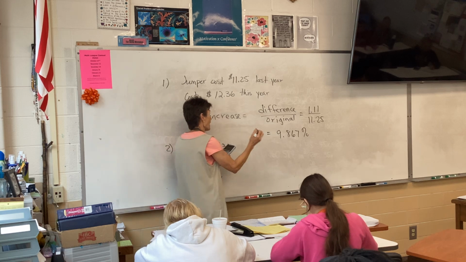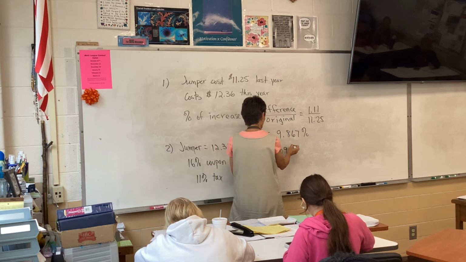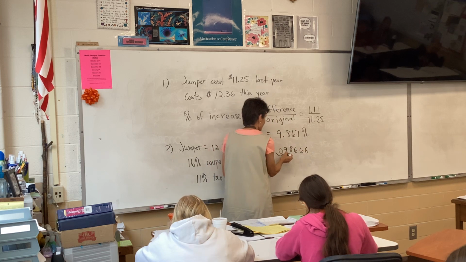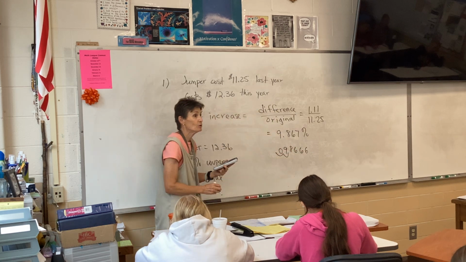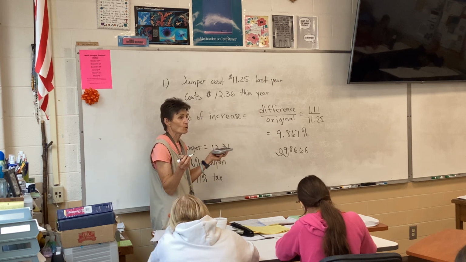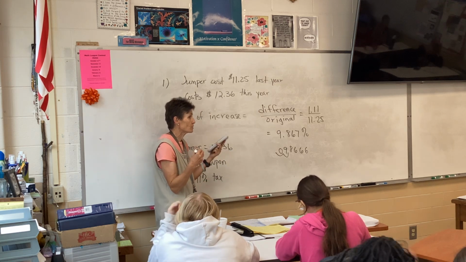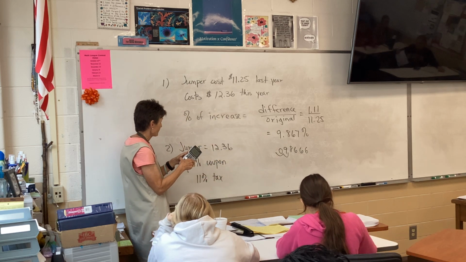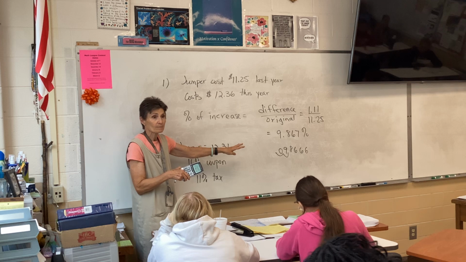The decimal actually comes out, it'll always be a decimal, comes out like this. To get a percent, you have to move it 2 places, and then we're gonna round it however we're told to round it. When we're not told, we usually use thousandths, because that's what AP does. Okay. All right, everybody good with that? So easy.